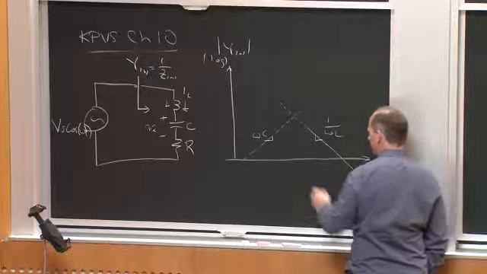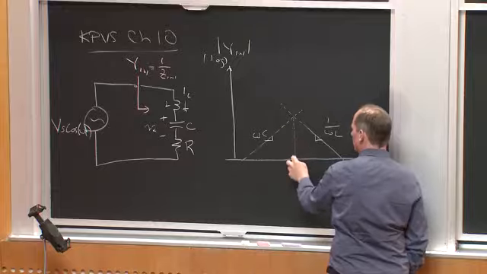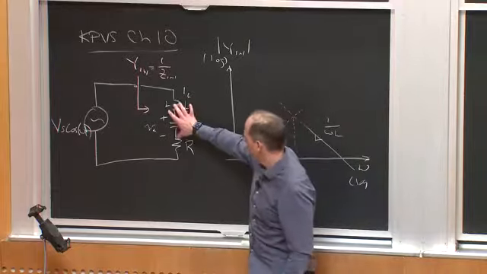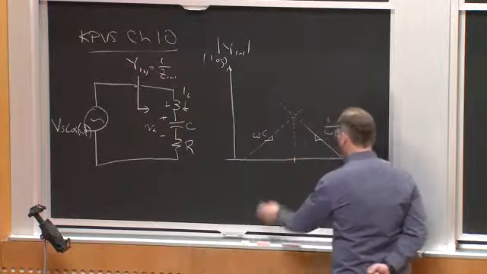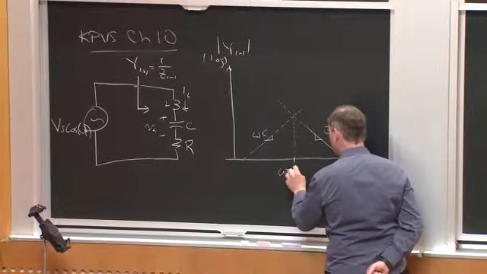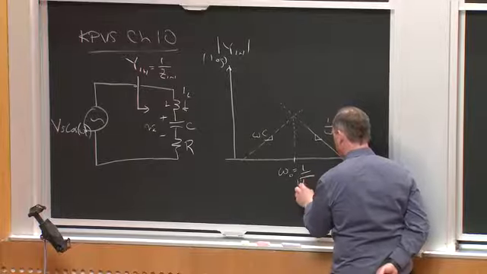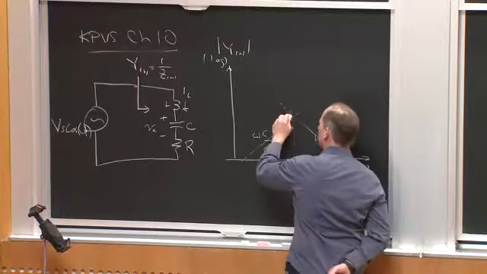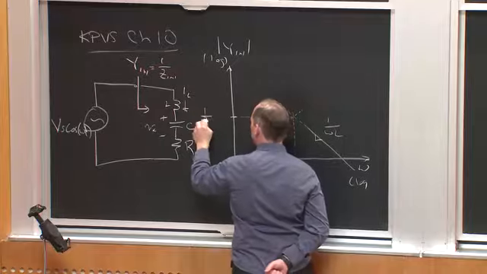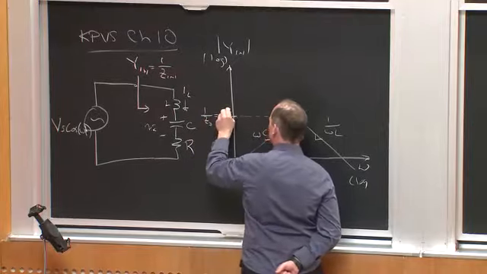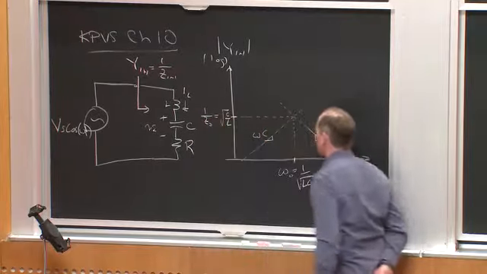L. And at some frequency, the inductive and capacitive impedances cancel each other, and that's at omega naught equal to 1 over the square root of LC. And that asymptote happens at 1 over Z naught, which is equal to the square root of C over L. Okay?